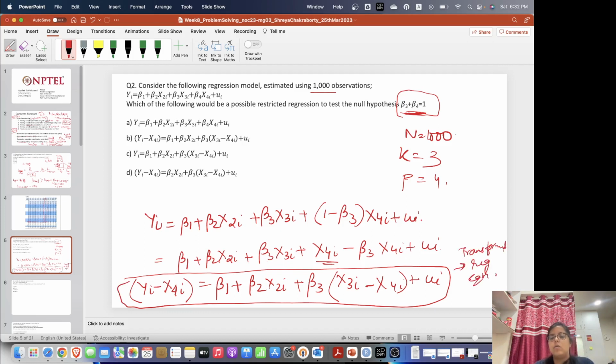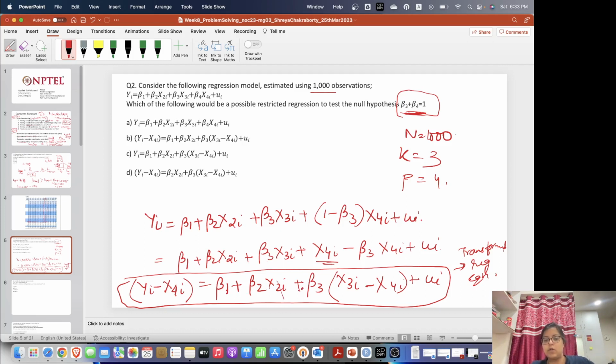So what is the benefit? If instead of regressing yi we just subtract these things and subtract x3 and x4 also, then with the same number of n's, we are having more degrees of freedom for the estimation of errors. Why? Because instead of having 4 unknown parameters, now we have 3 unknown parameters.